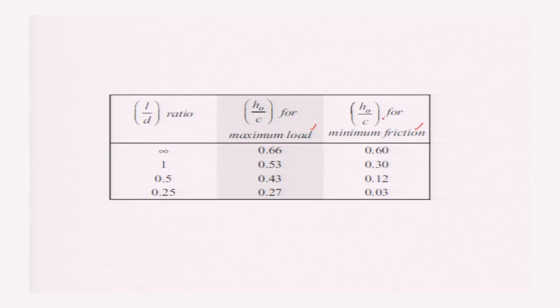But if you want to design your bearing for minimum friction, where a low amount of heat should be generated, then you will select the H0 by C from this one. The Raimondi and Boyd chart also gives two dotted curves corresponding to the maximum load and the minimum friction.